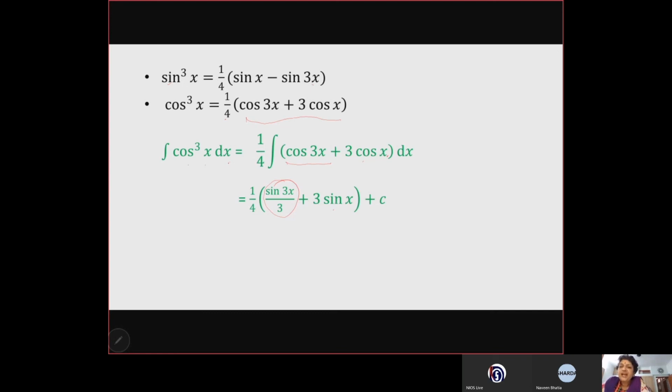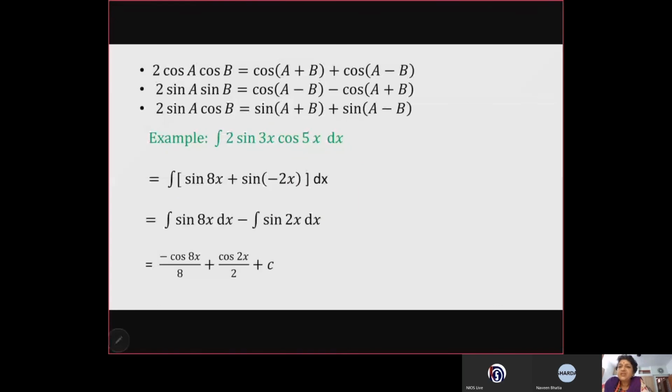Now suppose I have to integrate 2 sine 3x cos 5x dx. Out of these formulas written on top, you can see that the third one is what I can use. 2 sine a cos b is sine of a plus b plus sine of a minus b. So a here is 3x, b here is 5x.